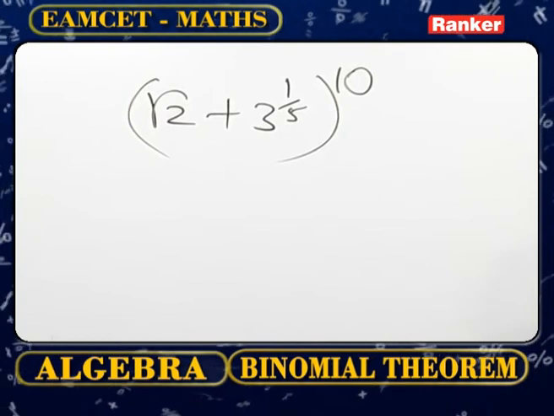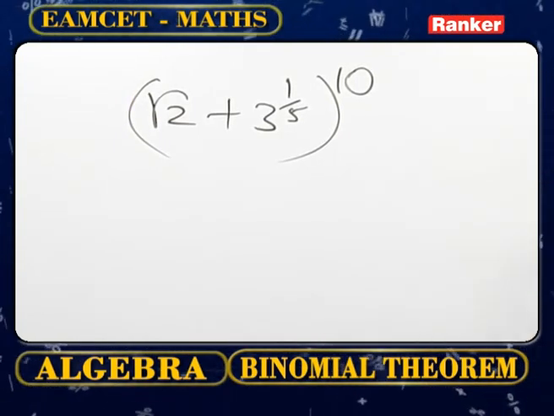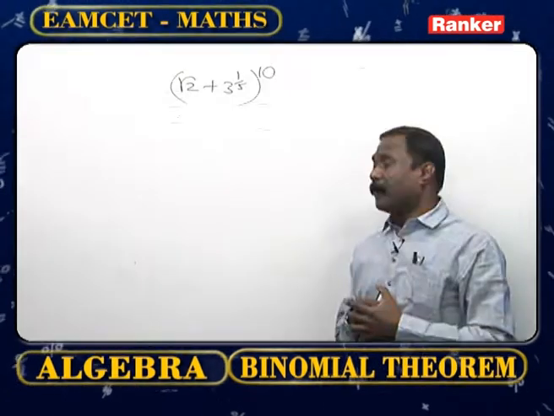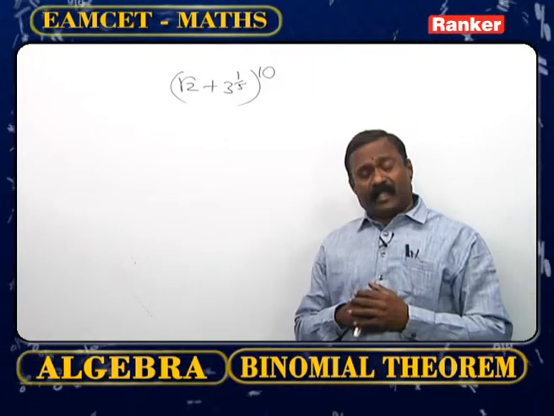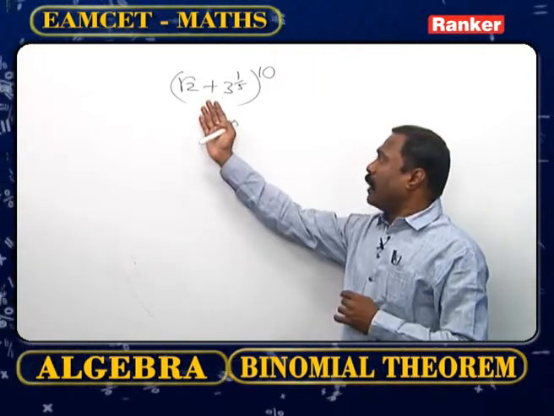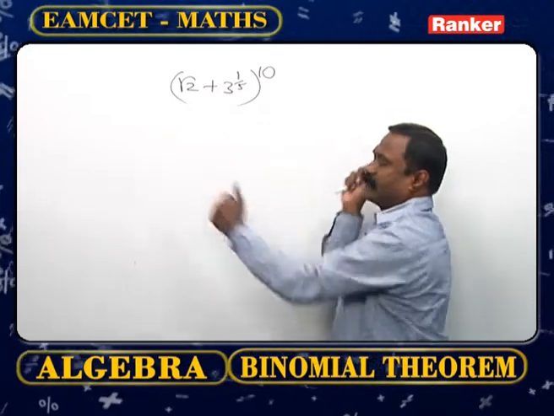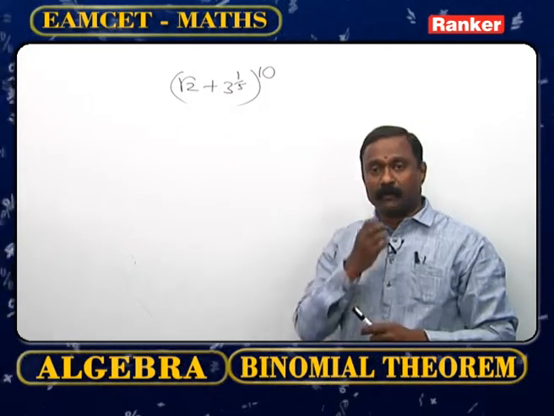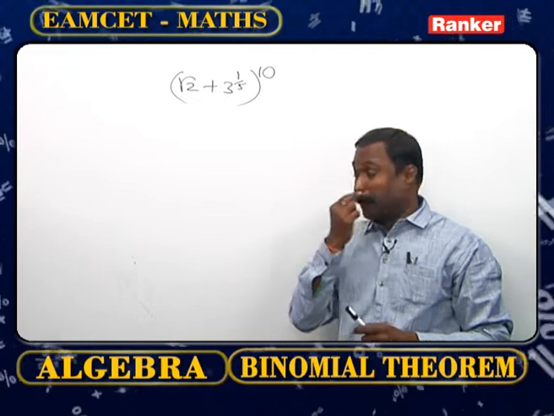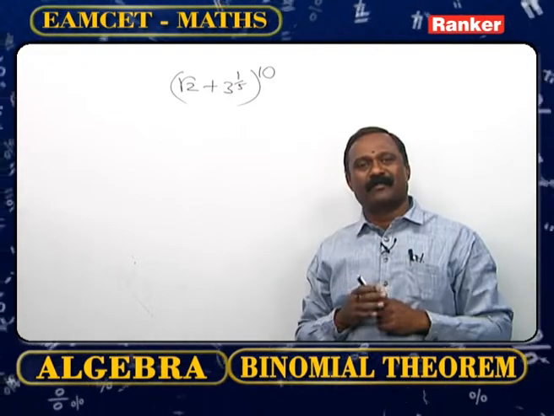First of all, understand what a rational term is and what an irrational term is. When you expand this using the binomial theorem, you will be getting 11 terms. Don't forget that.